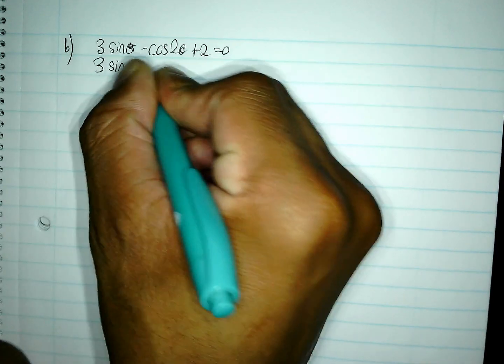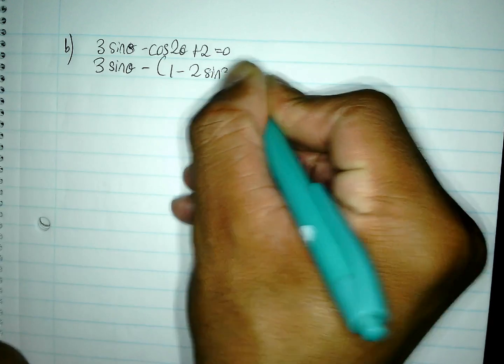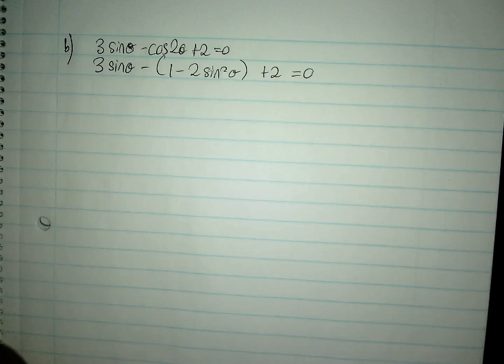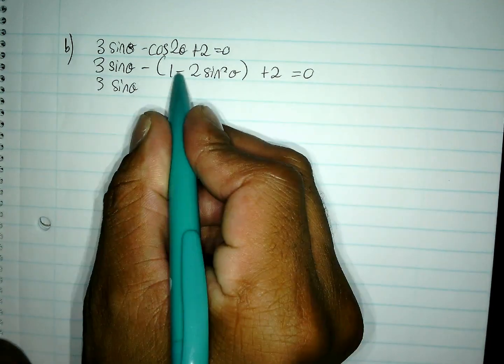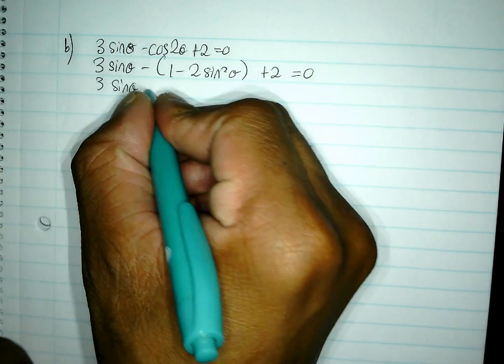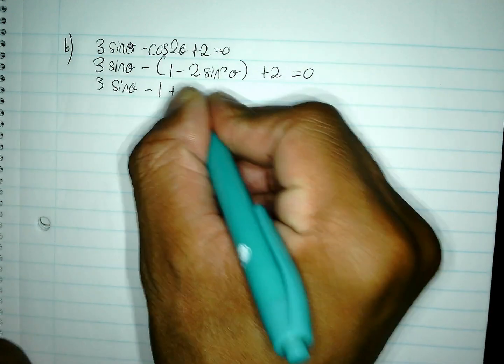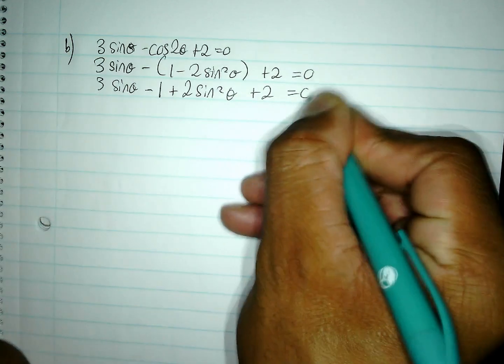So this will be written as 3 sine theta minus into 1 minus 2 sine squared theta plus 2 is equal to 0. Then from there, 3 sine theta, multiply negative 1 and positive 1, gives you minus 1. Negative 1 multiplied by negative 2 gives positive 2 sine squared theta, plus 2 is equal to 0.